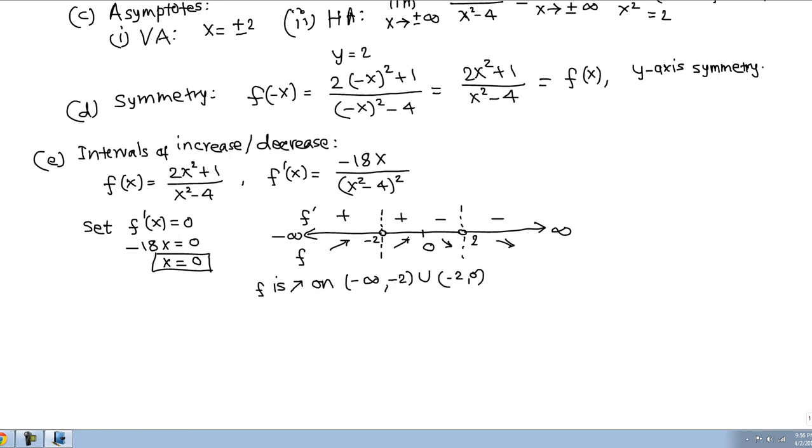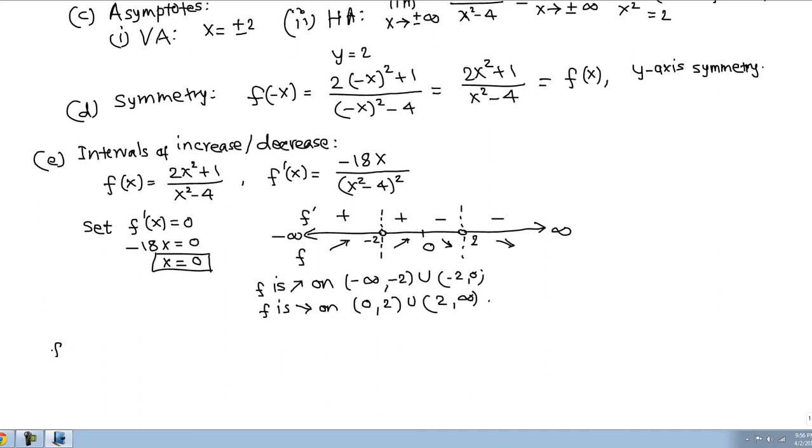We have a vertical asymptote, so we cannot write negative infinity all the way to 0, so we need to write it in 2 parts. Negative 2 to 0. And f is decreasing on 0 to 2 and 2 to infinity.